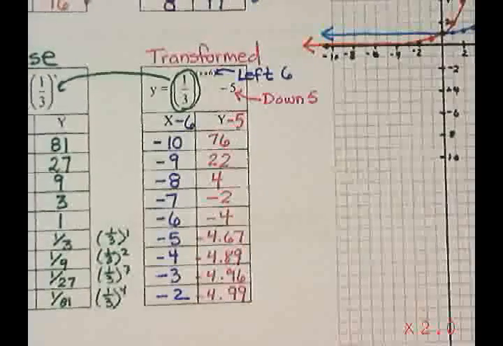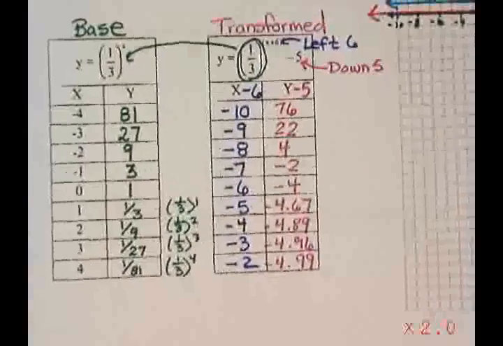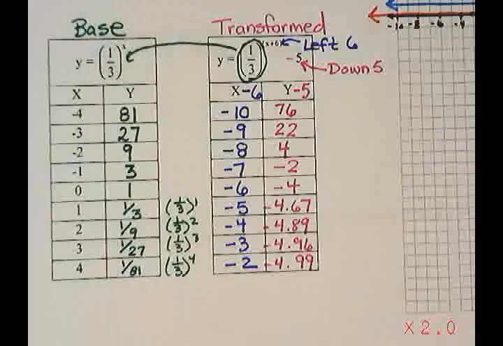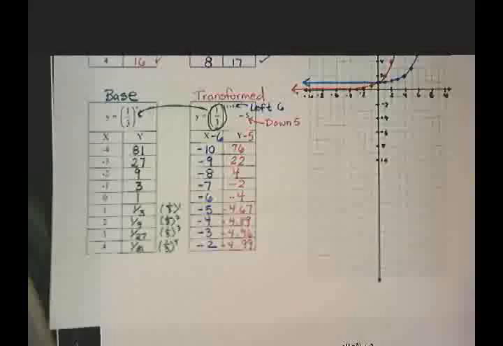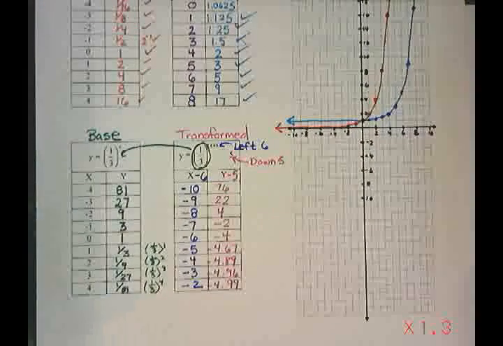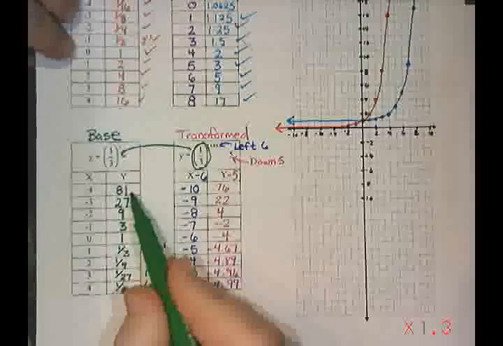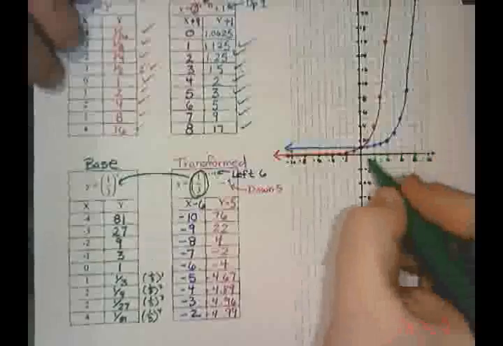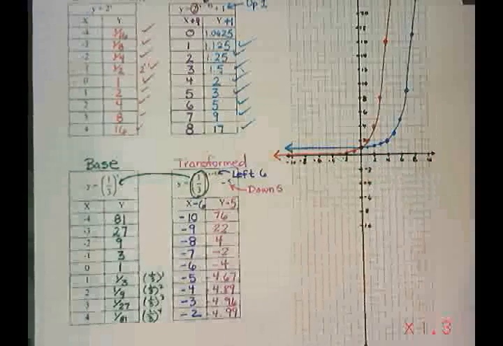Okay, so now all we need to do is just plot our points. I'm going to take my base function, take those set of values and plot them on my graph. I like to start with the whole numbers and then deal with the fractions at the end. So negative 4 and 81 is not going to fit.